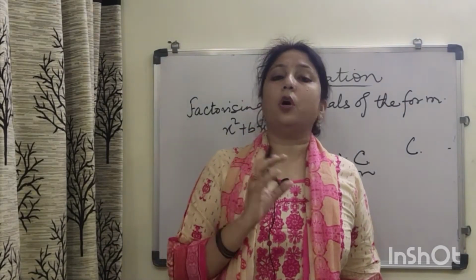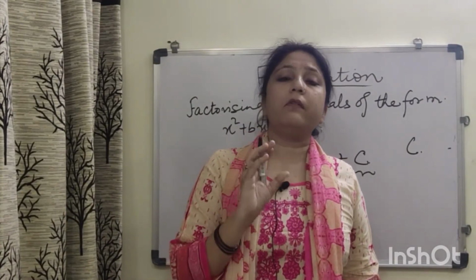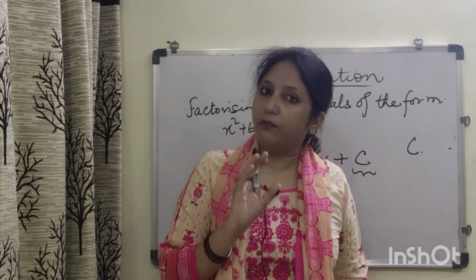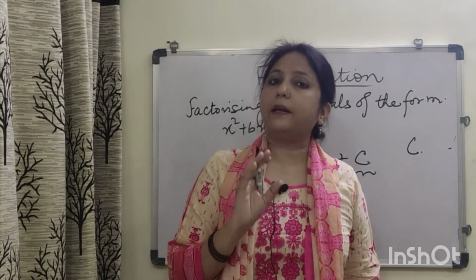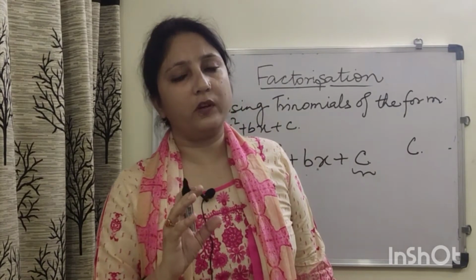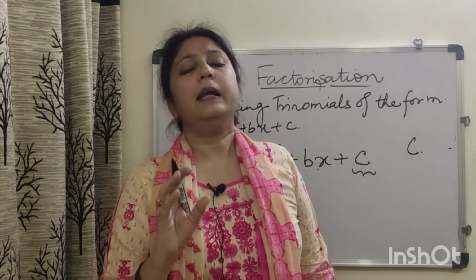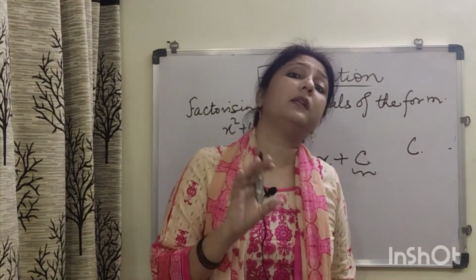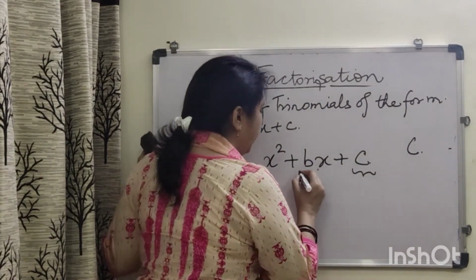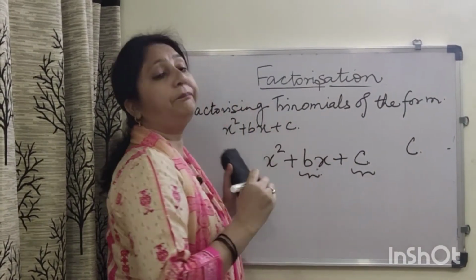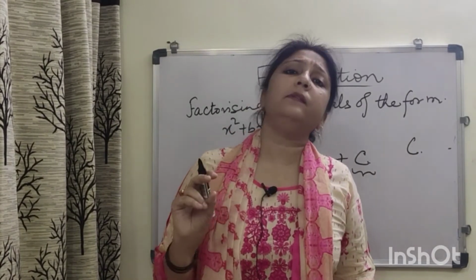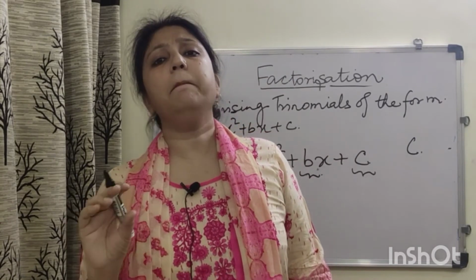After looking for the constant term, we try to find the factors of c in such a way. Pay attention to my words. We try to find the factors of constant c in such a way that either sum or the difference of those two factors should be the midterm, that is b. This method is called factorization by splitting the midterm.